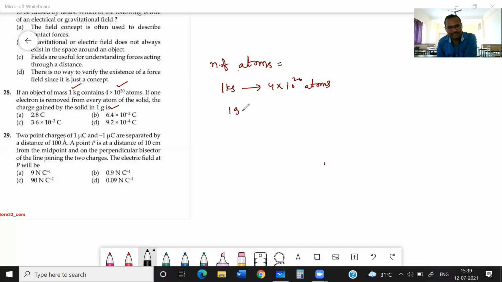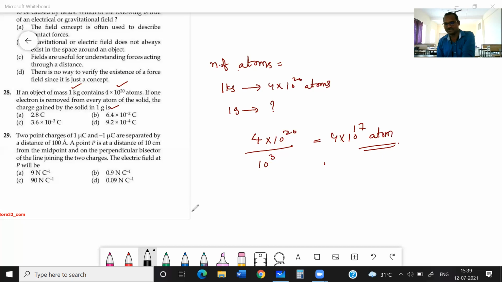Now 1 gram contains how many atoms? Cross multiply them, you will get the answer. So you get 4 into 10 to the power of 20 divided by 1 kg. 1 kg can be written in terms of gram as 10 to the power of 3. So you will get 4 into 10 to the power of 17 atoms in 1 gram. Clear, students? A simple conversion it is.